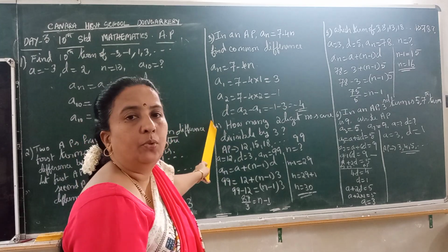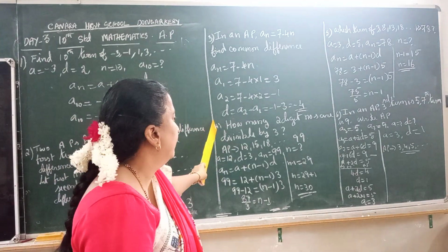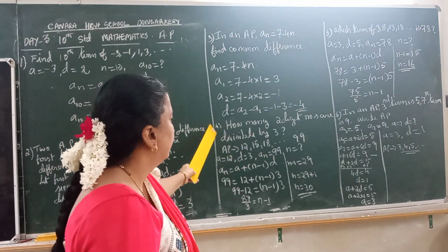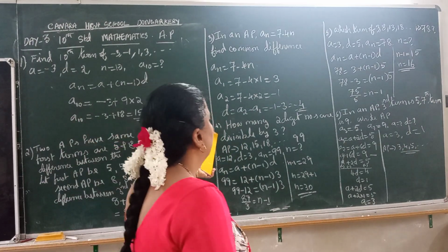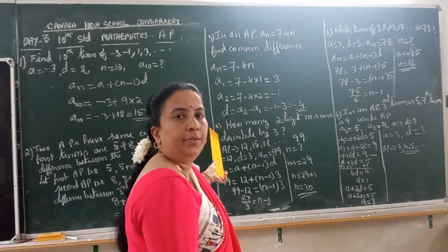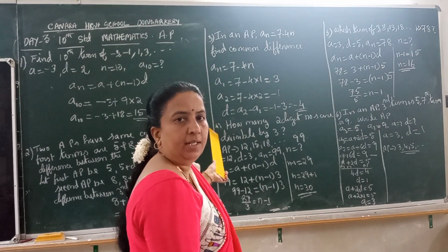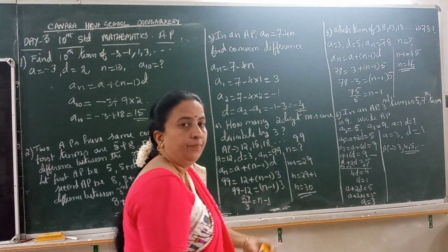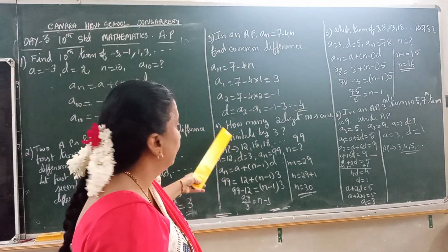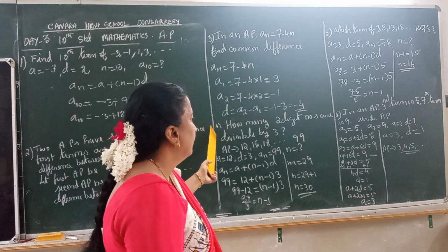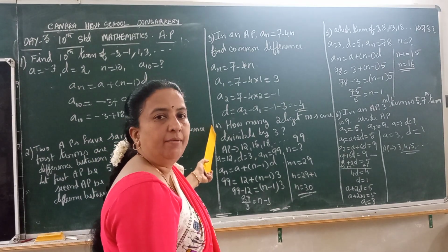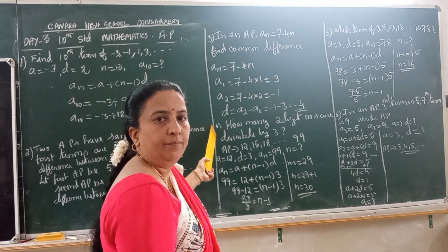How many two-digit numbers are divisible by 3?